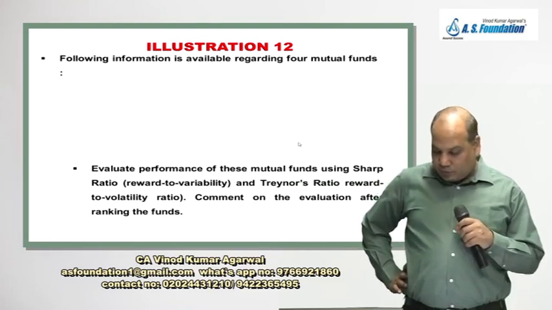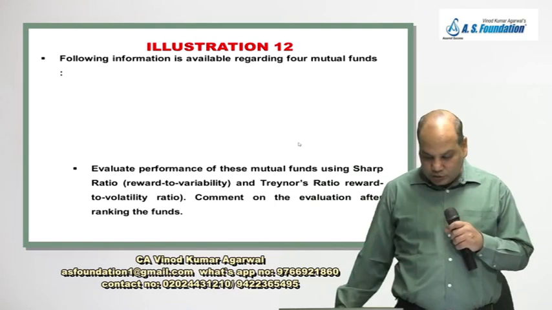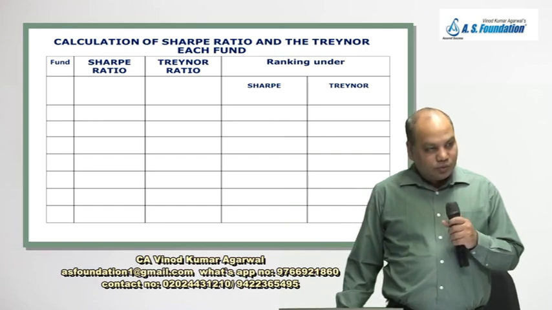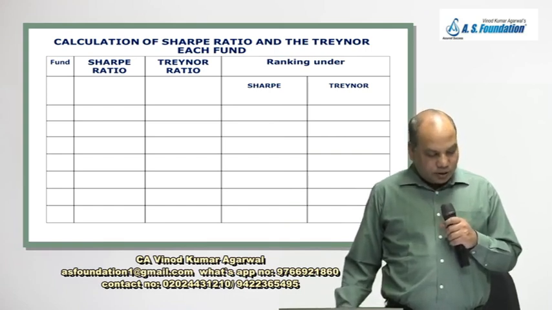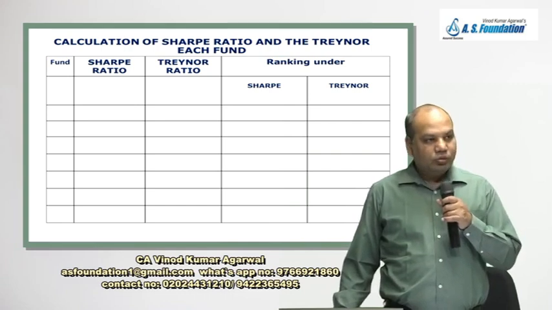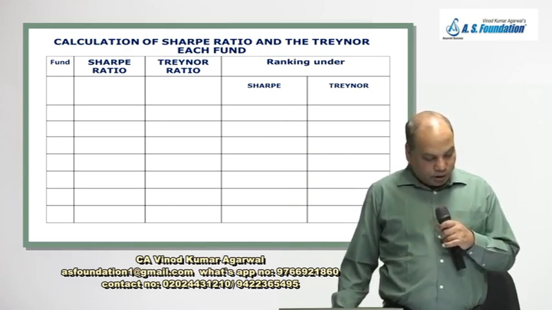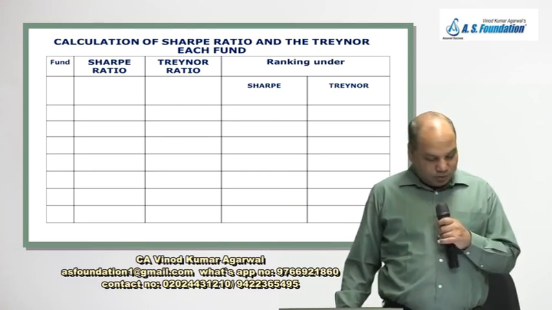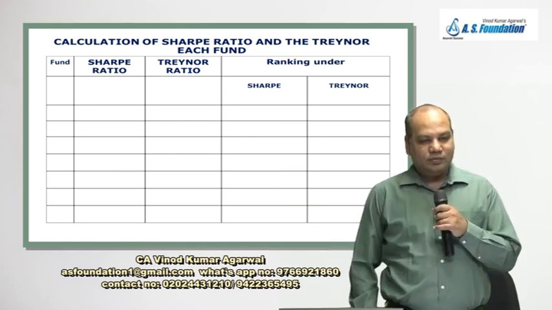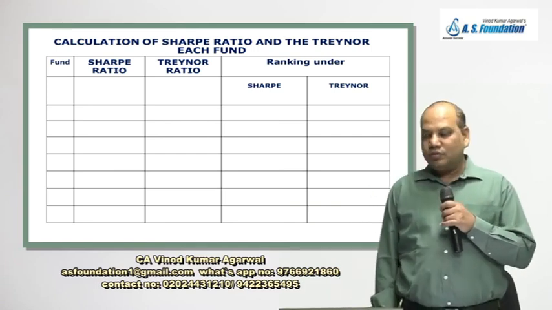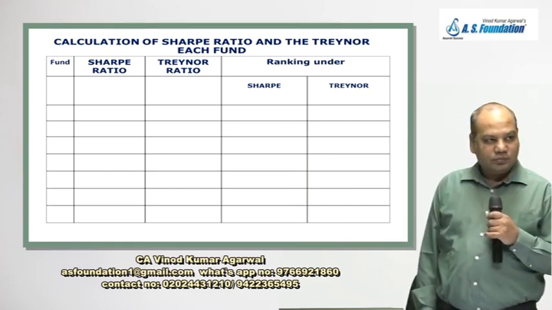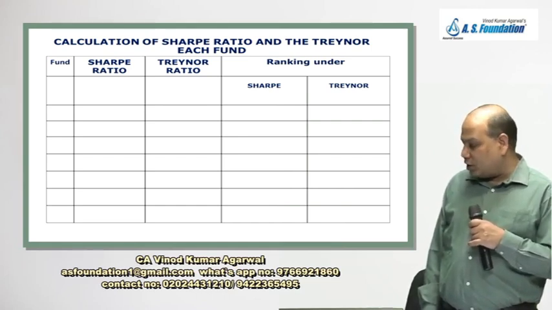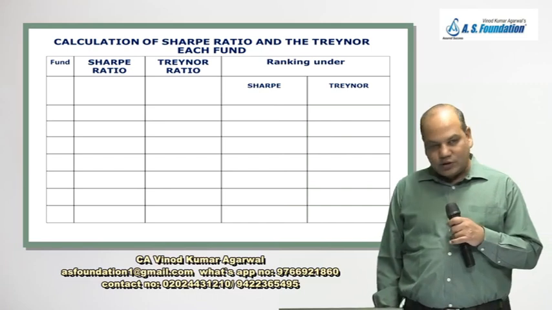Evaluate the performance of these mutual funds using Sharpe ratio, that is reward to variability ratio, and Treynor ratio, that is reward to volatility ratio, and comment on the evaluation after ranking the funds. So they can also ask you to comment on the evaluation after ranking the funds. Only after you complete the ranking part, you will be able to answer the second part.